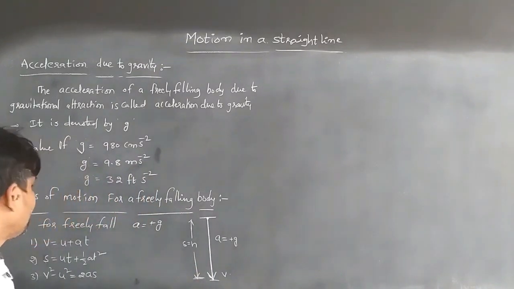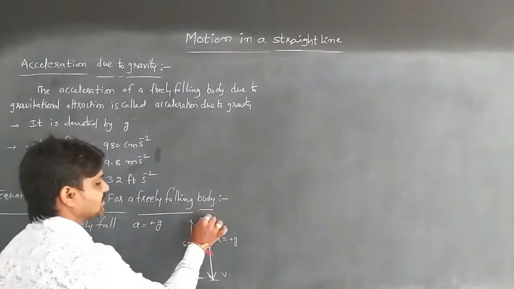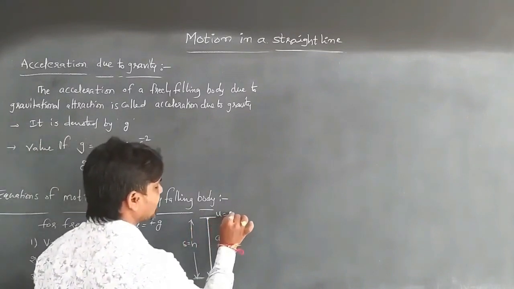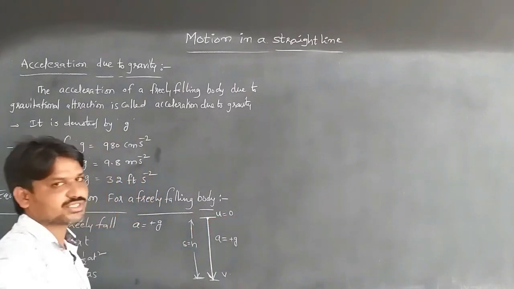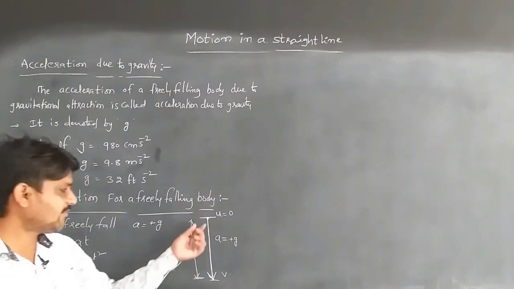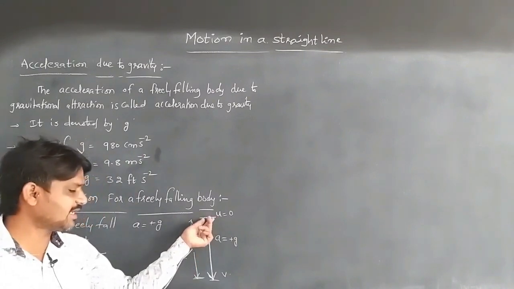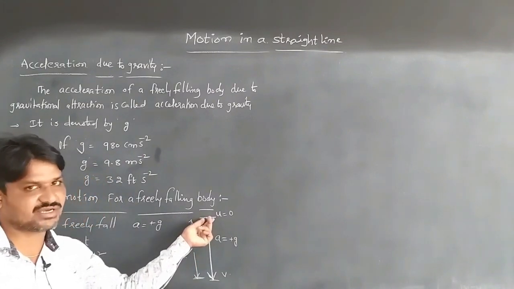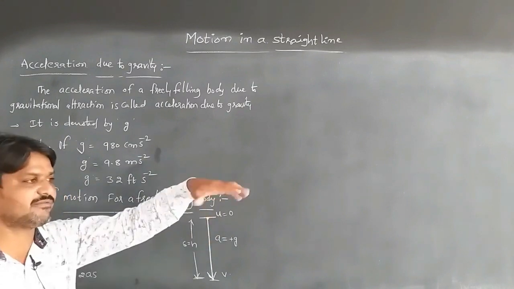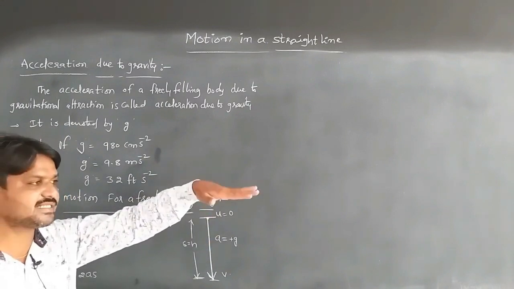Whenever the body is freely falling, it starts from rest, so its initial velocity u is equal to 0. Listen, whenever the body is falling freely from a certain height, the initial velocity will be 0 when it is released.